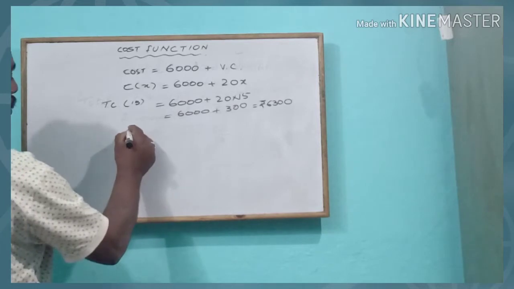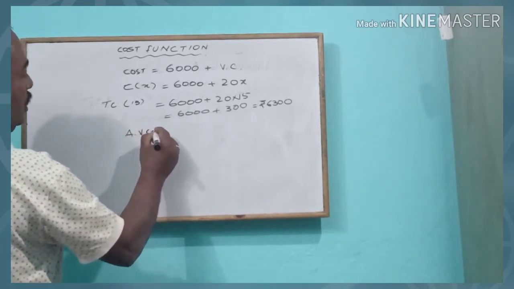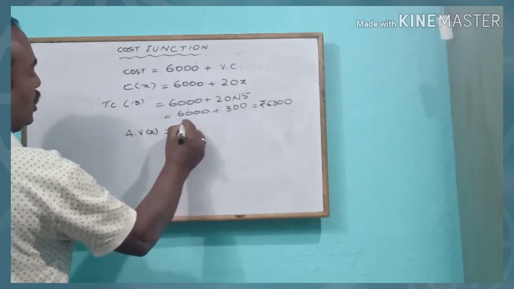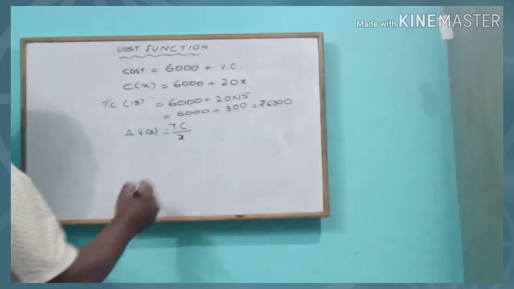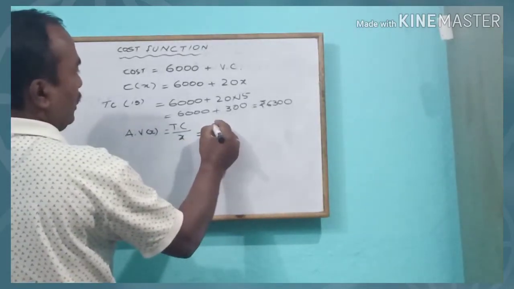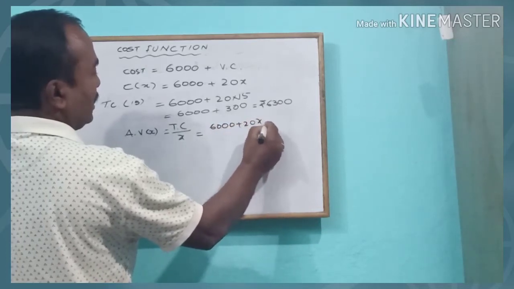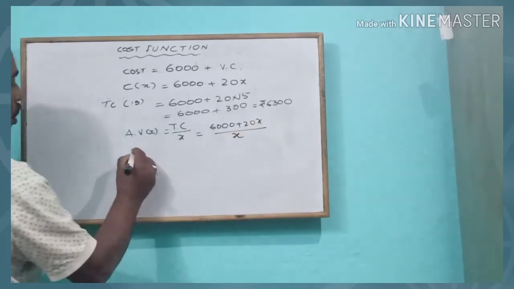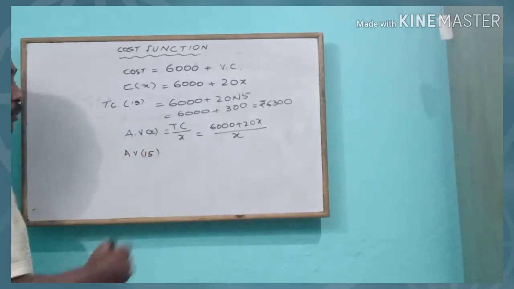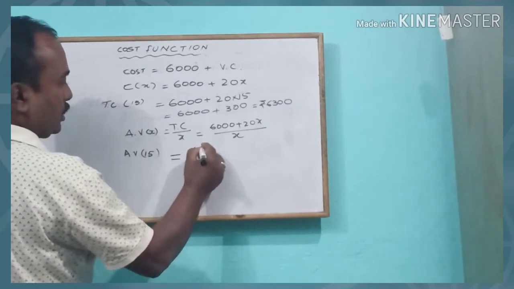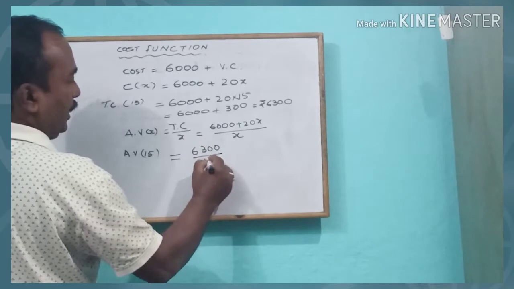What is the average cost? Average cost is total cost by number of units produced. That is (6,000 plus 20x) divided by x, or average cost of 15 units will be 6,300, we have got the total cost, divided by 15.